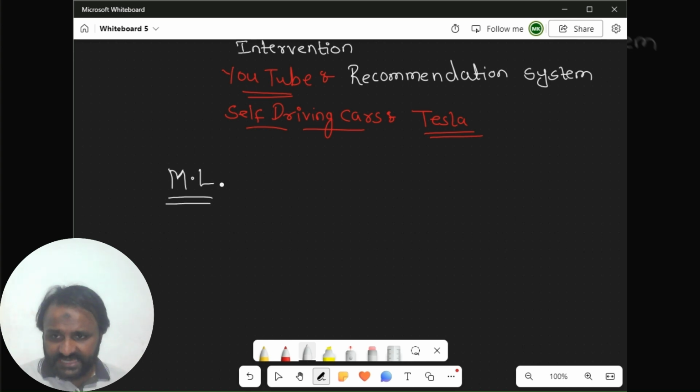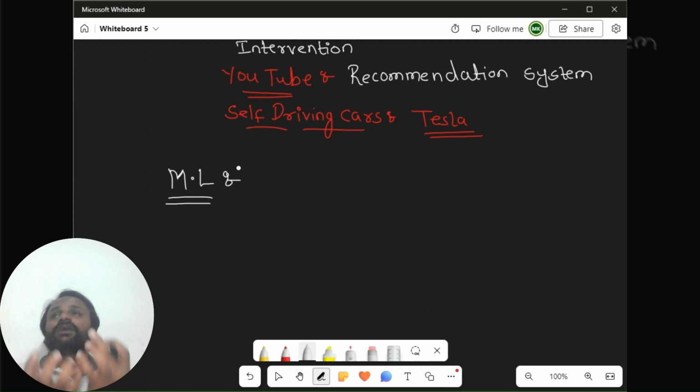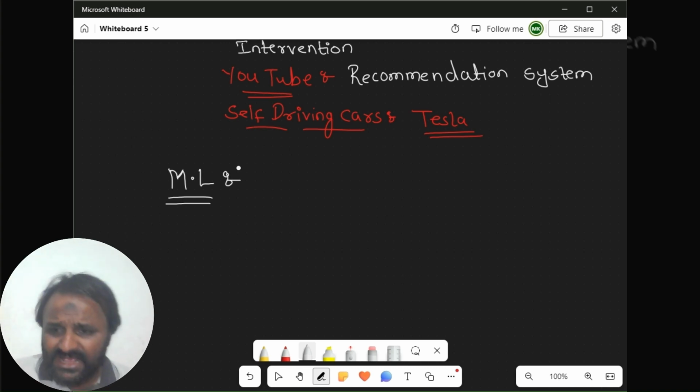I try to explain separately, not in a Venn diagram, because confusion would be created if everything were written together. That's why I try to keep things simple, so that anyone can go through these notes and refer to them for interview purposes, as well as for upgradation purposes. So ML, what do you mean by ML?